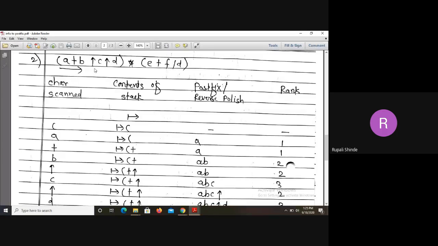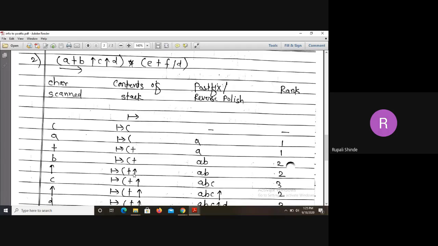Now the next character is the exponential symbol. We have to push this onto the stack. The stack currently contains the plus operator. As exponential has the highest priority, we can place it above plus. Here the priority of exponential is higher, so we can directly push it onto the stack.